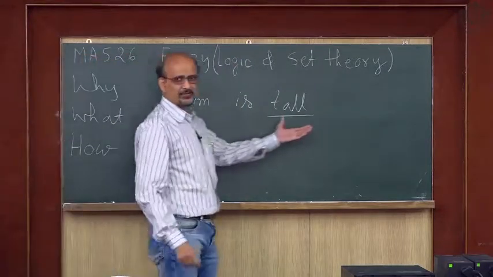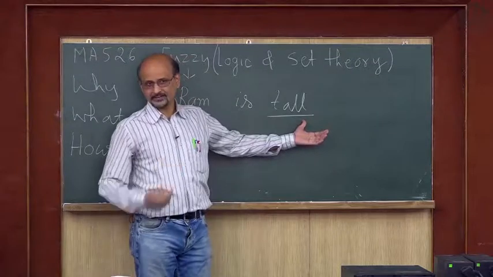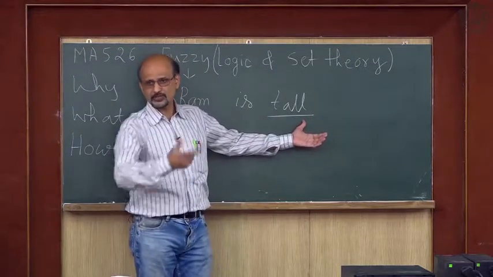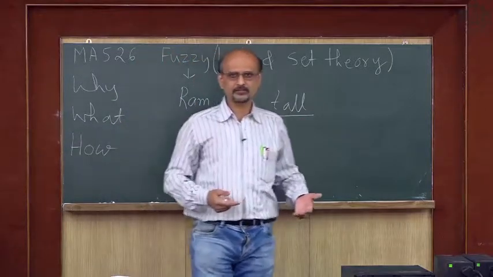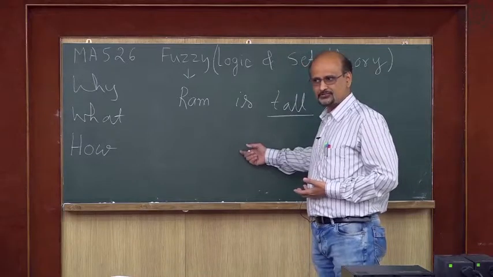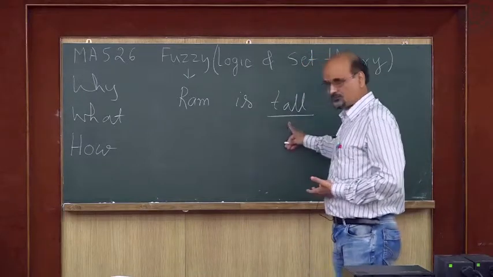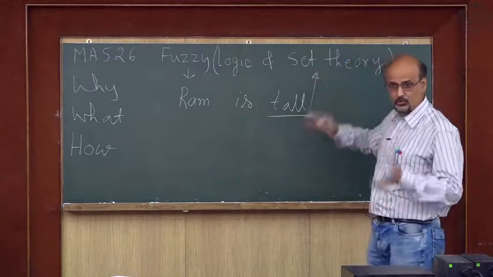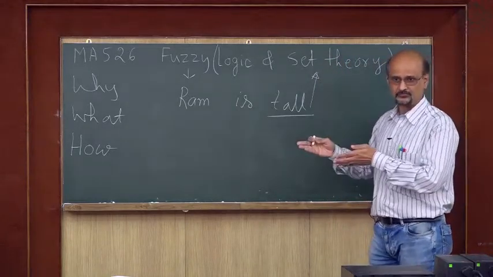So what do you mean by tall? How do you define tall? I can define that above 6 feet is tall, but somebody can define no, it is 5.5 feet, and if it is above that, then it is tall. So tall, for your crisp set theory that you know till now, has a fixed value.